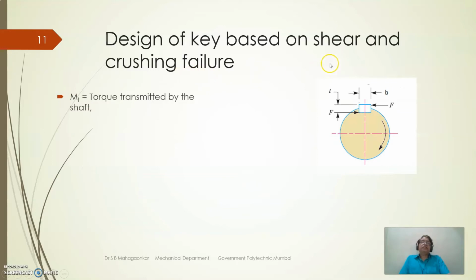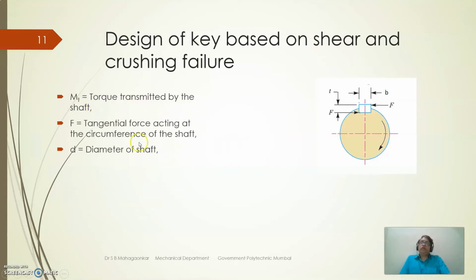So, design of key based on shear and crushing failure. MT is the torque transmitted by the shaft. As I said, the torque transmitted by the shaft is MT, which is equal to the force into the radial distance, that is d by 2.